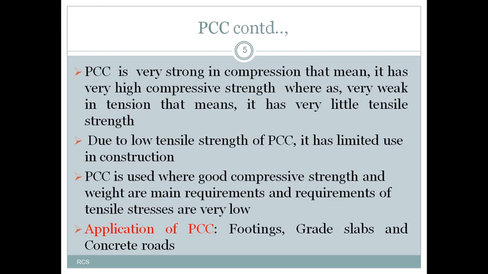Because of the applied load, this beam will fail in tension, because PCC is very strong in compression, that means it has very high compressive strength, whereas it is very weak in tension, that means it has very little tensile strength. Due to its low tensile strength, PCC has limited use in construction.